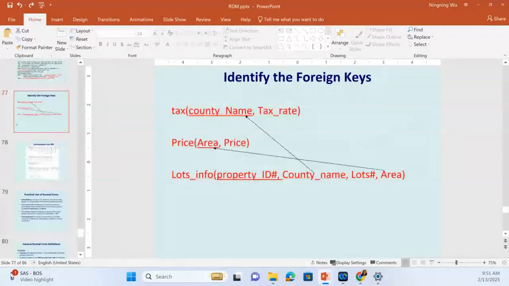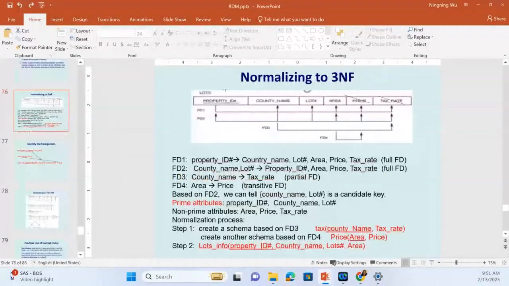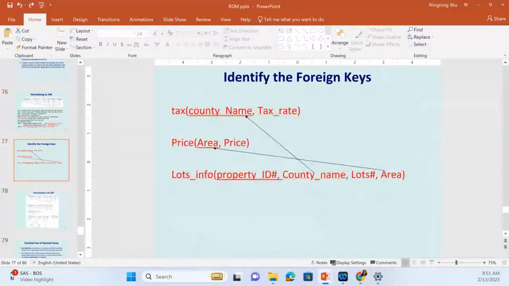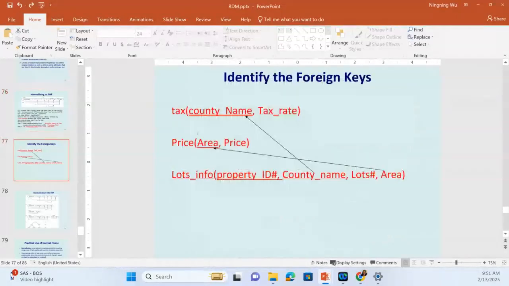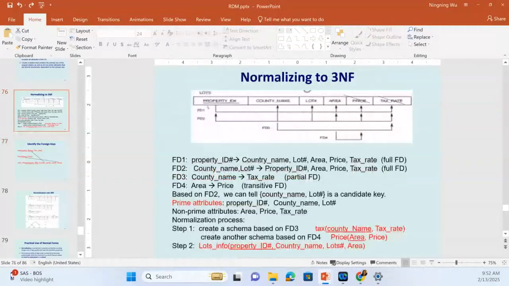Once we split the original big table into the three smaller ones, the normalization process is not for nothing. That means that we will not have the original table anymore in the database. Instead, we are going to use these three smaller tables to replace the original big one. Then if we join these three tables together, we can fully recover the original table.